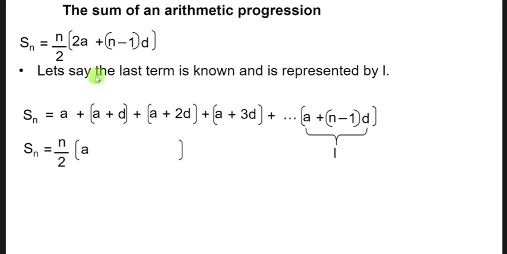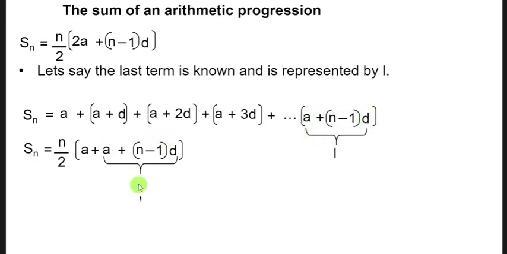Then what we are going to do here is to expand 2a. So 2a simply means a plus a, then plus, then this part here comes in, n minus 1d. So we have just expanded. Now when you check, after expanding this, this part here is similar with this part.